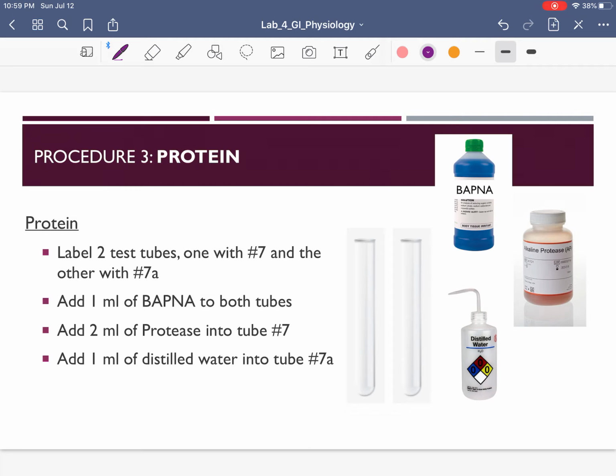Okay, number 3 already. Boom, we're on to protein. Here we go. Now we're going to be on test tube number 7 and test tube number 7A. To both test tubes, we're going to add our indicator.